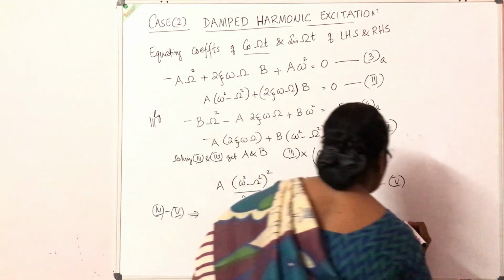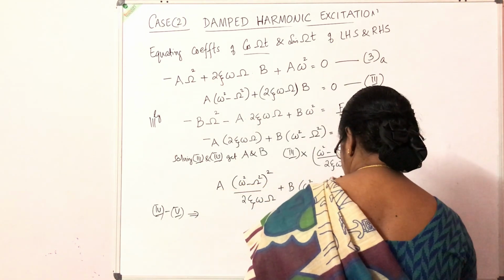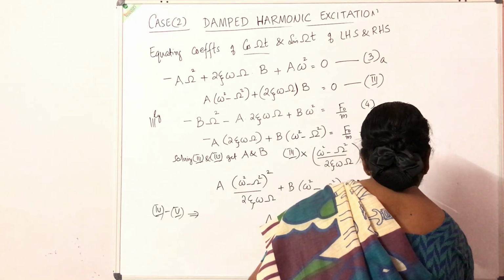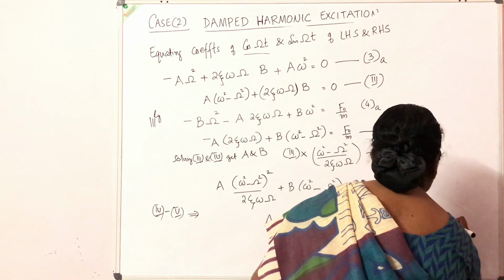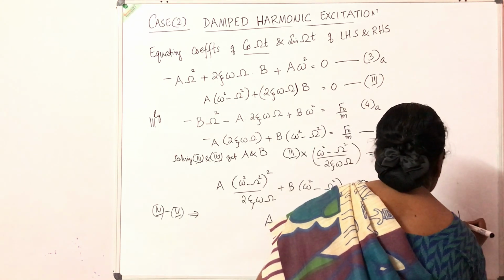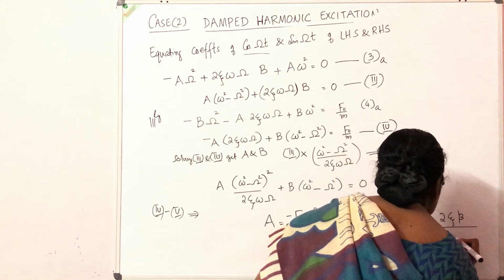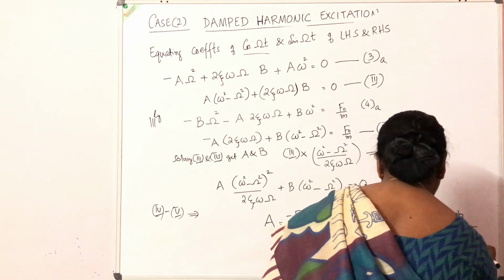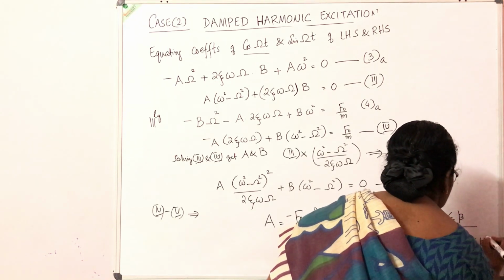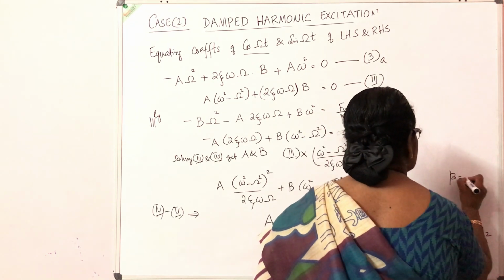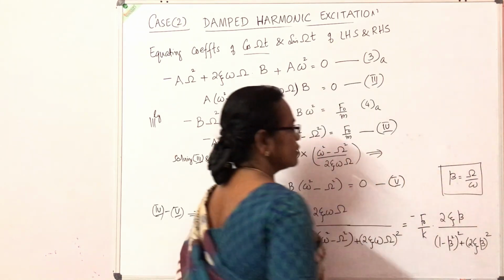So this can also be written as, the most common written form, A is equal to minus of F0 by K, 2 psi beta divided by (1 minus beta square) the whole square plus (2 psi beta) the whole square, where beta is the frequency ratio.